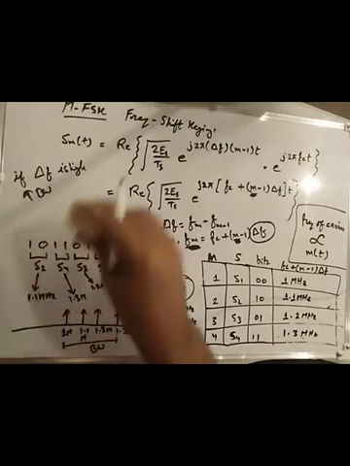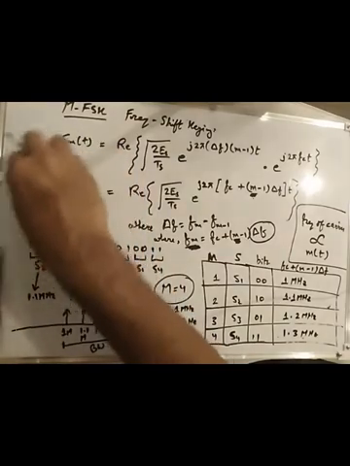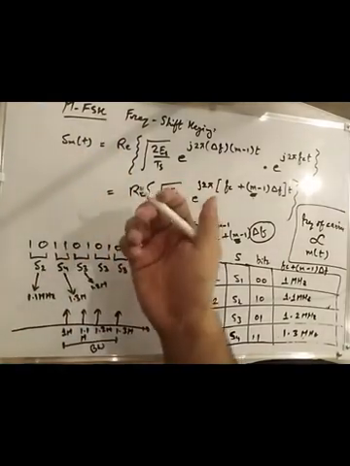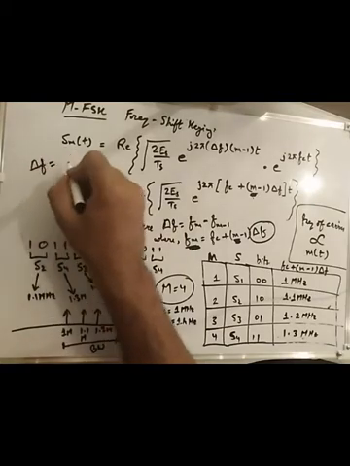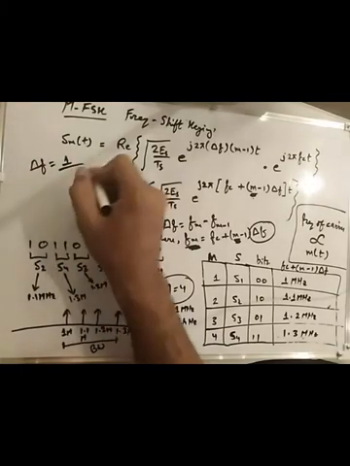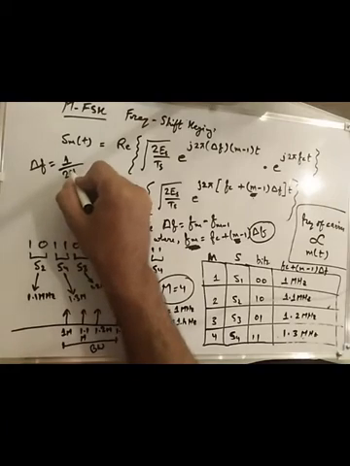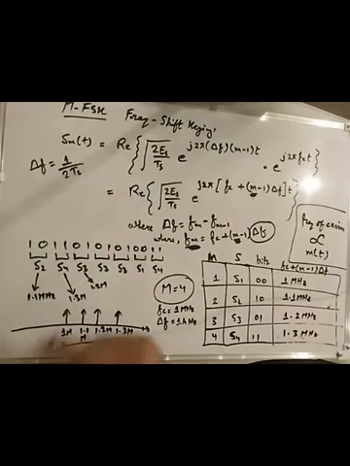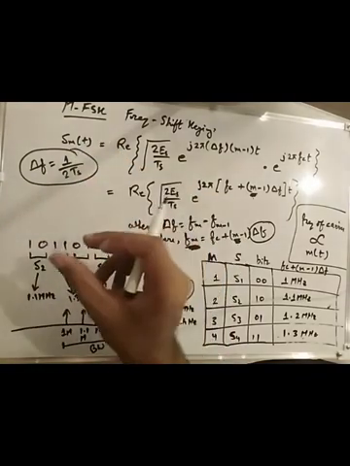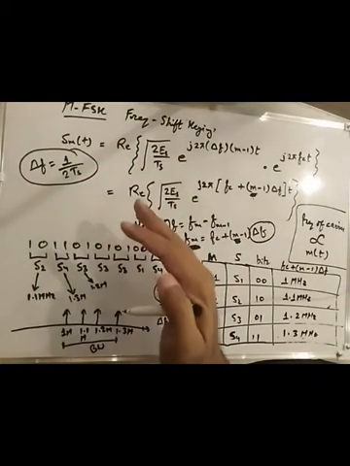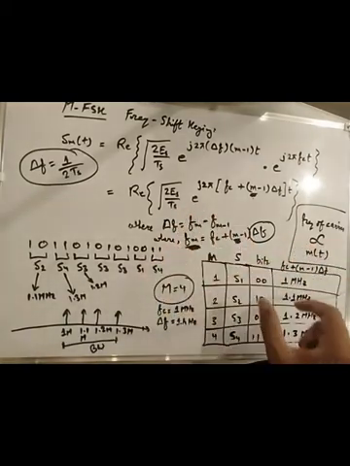So delta F, generally for orthogonal frequencies and for coherent reception, is determined as 1 over 2 times TS. That is the minimum delta F, or minimum carrier frequency spacing, that you can have that generates orthogonal frequencies.